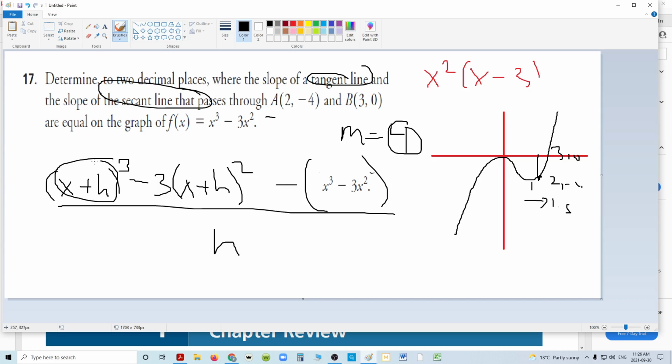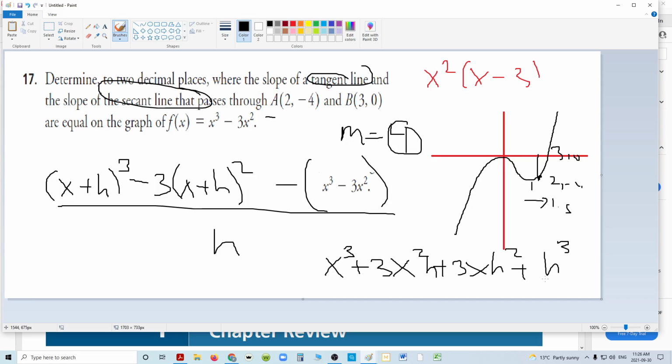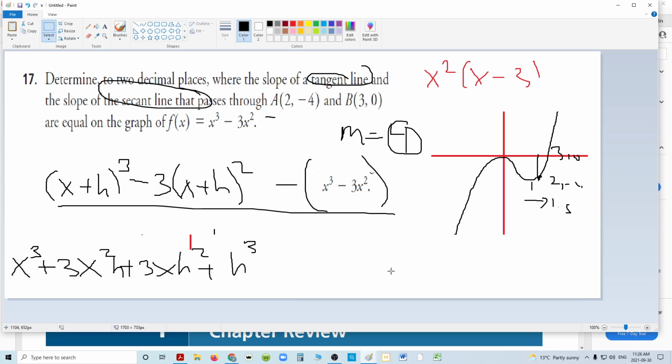Well, I want you to practice expanding, but I can tell you that it will expand to h cubed, h squared, h, and it'll be plus 3, and plus 1. You're going to learn that from Pascal's triangle. So I'm going to just put that aside. Forget about the h at the bottom for now. What's the expansion of this?